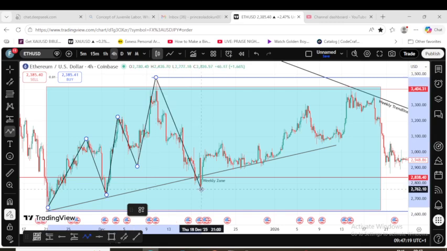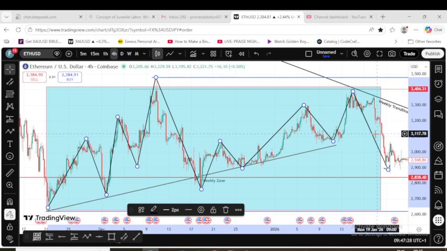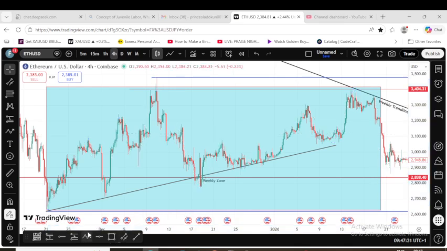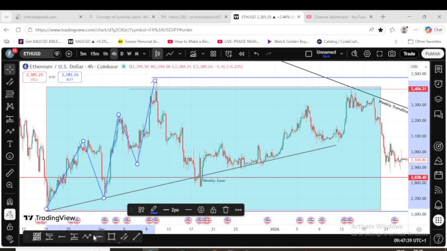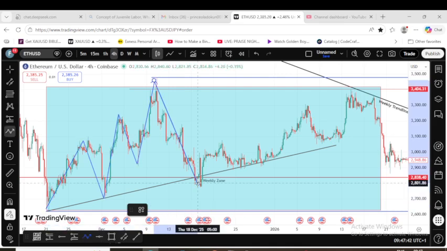Then price went impulsive, correctional, impulsive, correctional, impulsive, and then another break of that structure. Okay, so let me change the color so that you can distinguish it a bit. Impulsive, correctional, impulsive. Let's make that blue. And then price broke it. Let's make that red.